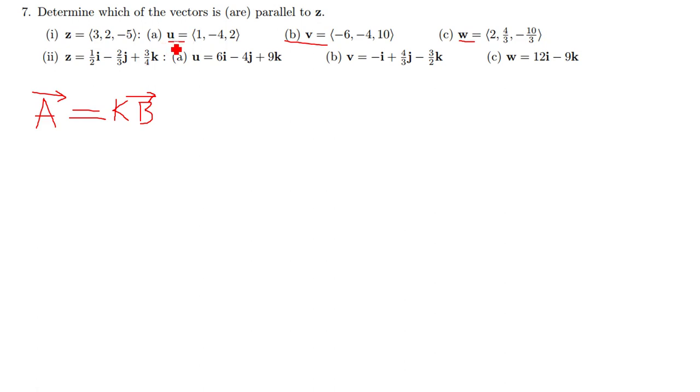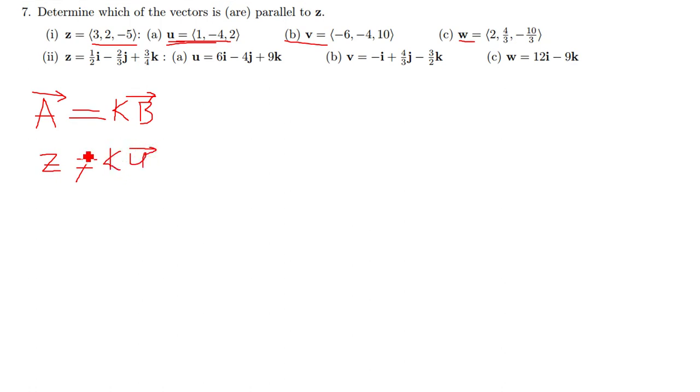So is there any number that we can multiply with u in order to get z? If there is no number that can work in that format, then z is not parallel to u, because z is not equal to K u.